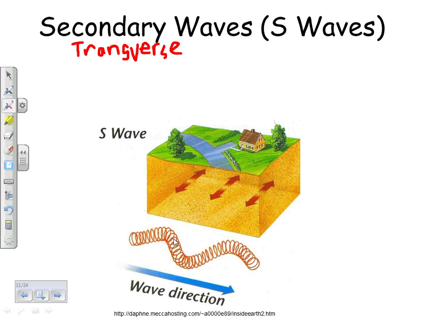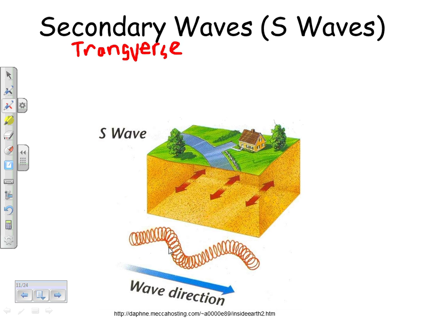Imagine having a slinky on the floor, and you and your partner just shaking that slinky back and forth. You would get a wave-type motion. So the rock would move or vibrate in a side to side direction. So they travel transversely instead of in a back and forth type like the compression waves do.